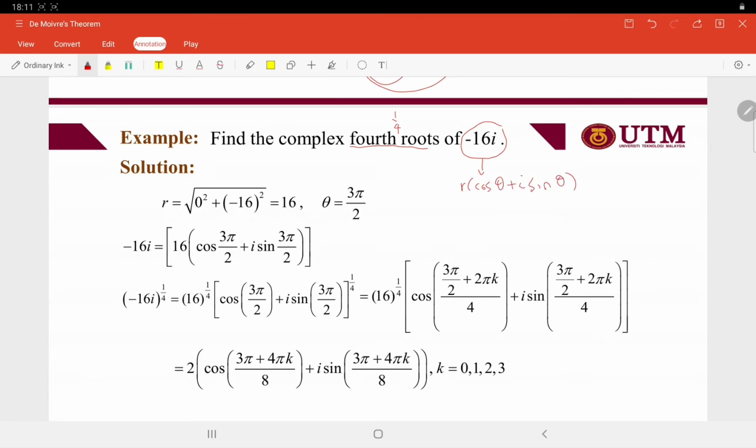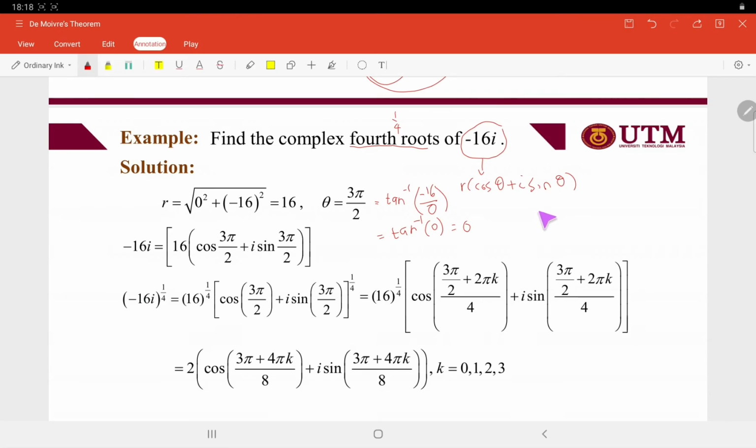So to get the value of r, since the real value is 0, it will be 0 squared plus negative 16 squared, so r will equal 16, and theta will equal the arctangent of y over x, which is negative 16 over 0, so this will be arctangent of 0, which will equal 0.